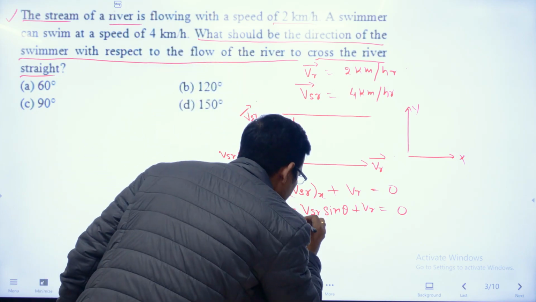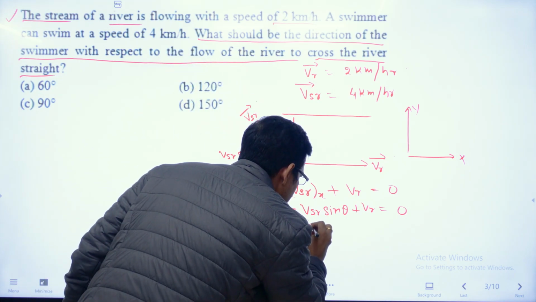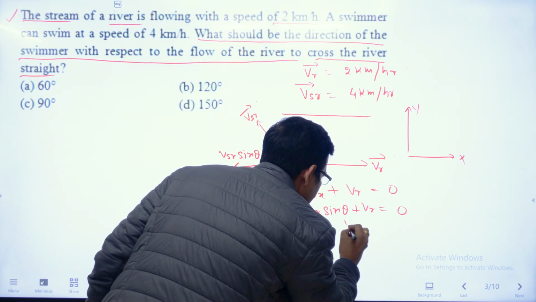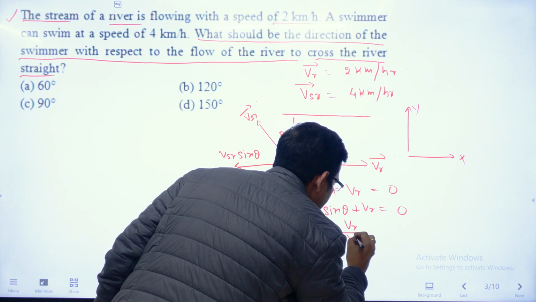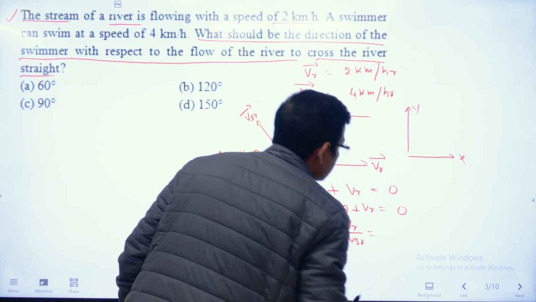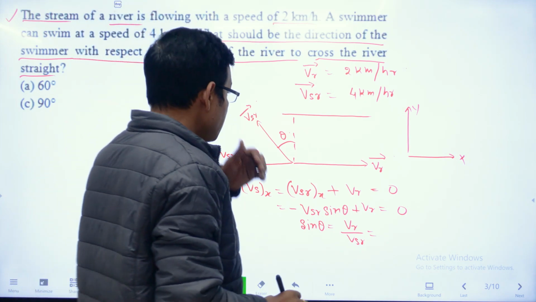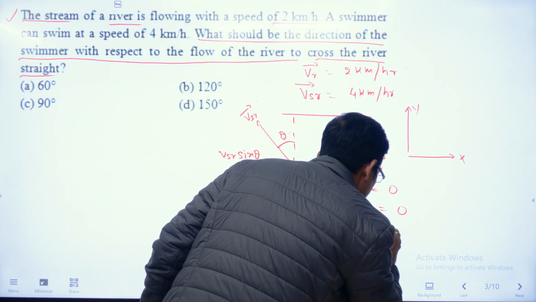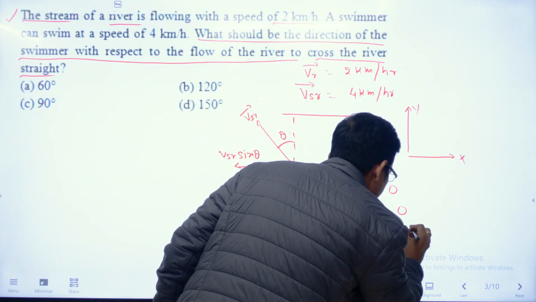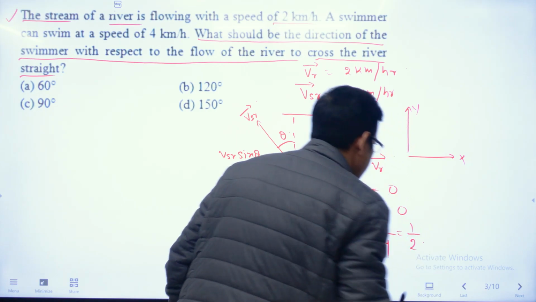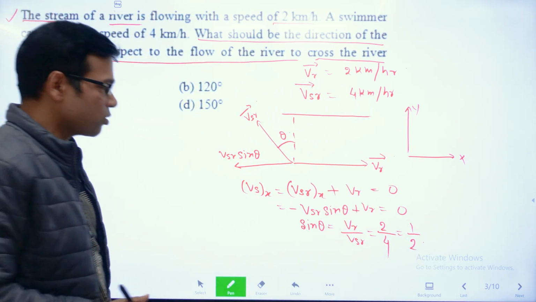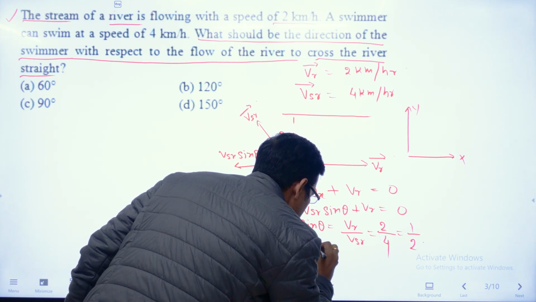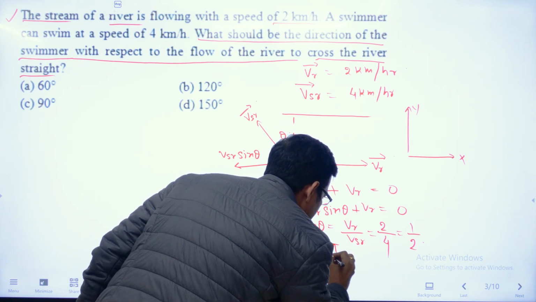It means sin theta is equal to VR divided by VSR. VR is given as 2 and VSR as 4, so it is equal to 1 by 2. It means theta is equal to pi by 6.